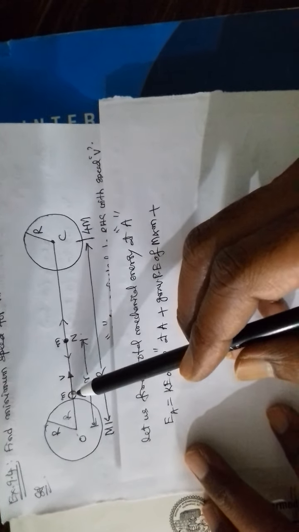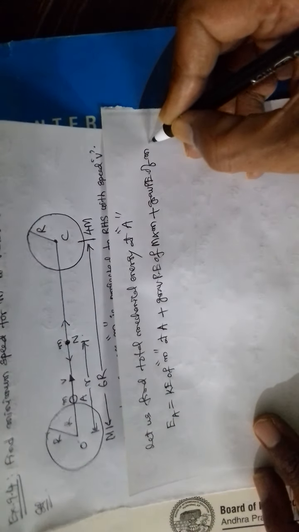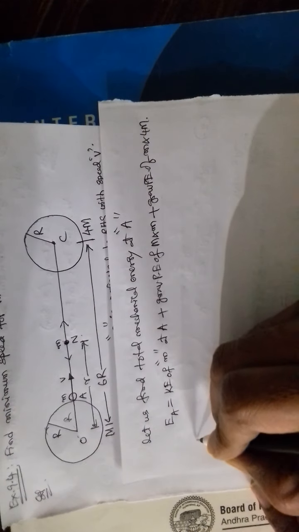Now you consider another two particle system, this planet and this mass. Gravitational potential energy of M and 4m. So we are having three terms.